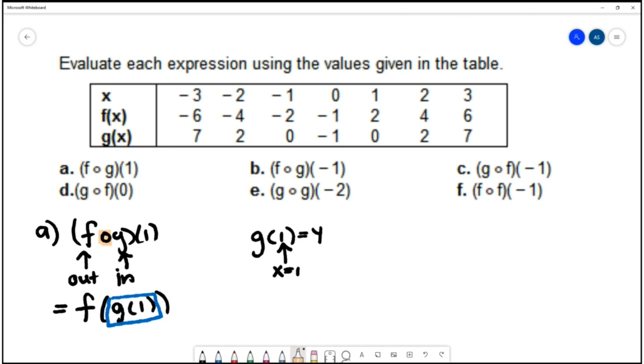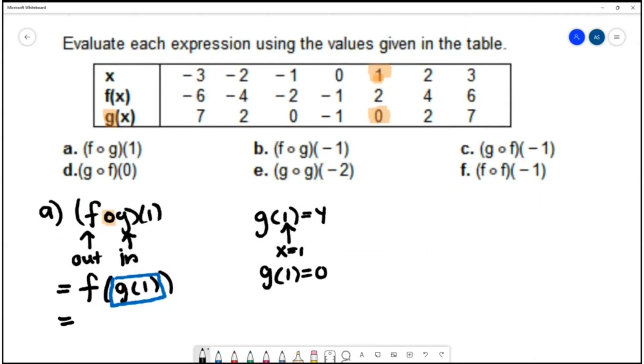So we're going to focus on having an x coordinate of 1 and the y value associated with that for the function g. So we know that g of 1 is 0. So we can simplify this now. We know that g of 1 is 0.